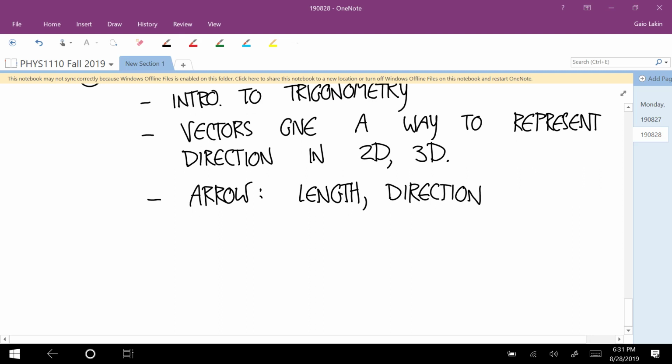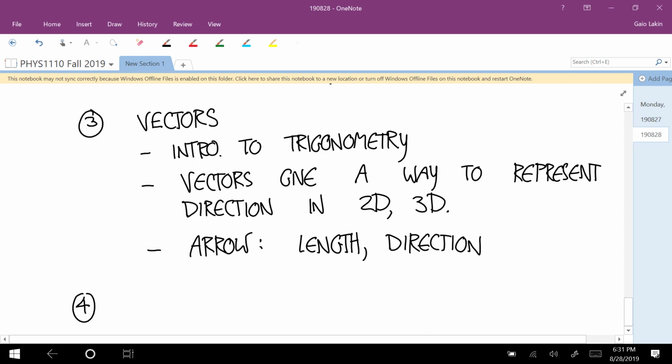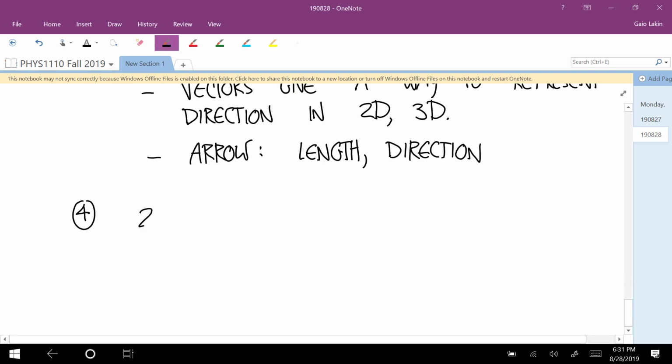Now that we've defined vectors, the fourth thing we can get into now is two-dimensional kinematics of a particle. So, 2D particle kinematics.